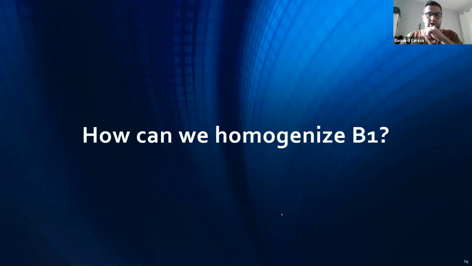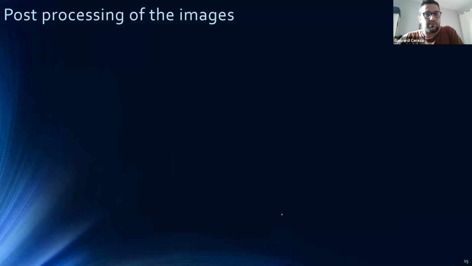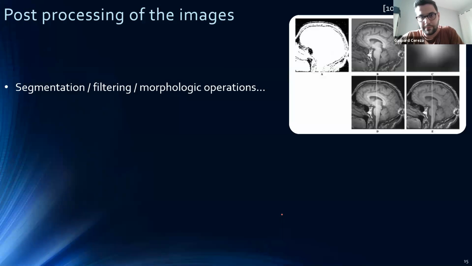All right, so now I will talk about the methods that we can use to homogenize B1 and to get rid of the B1 related artifacts in the images. Some pretty simple methods that have been tried at first are the post-processing of the images. For example, here we have an example where we don't even need the B1 maps.